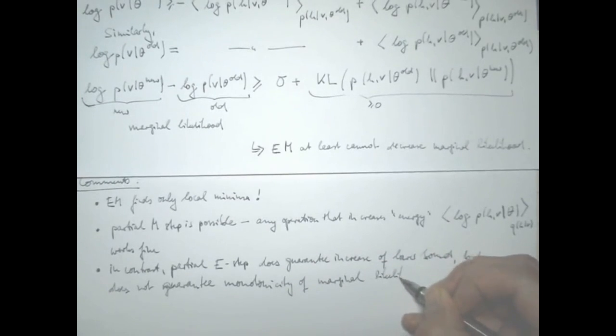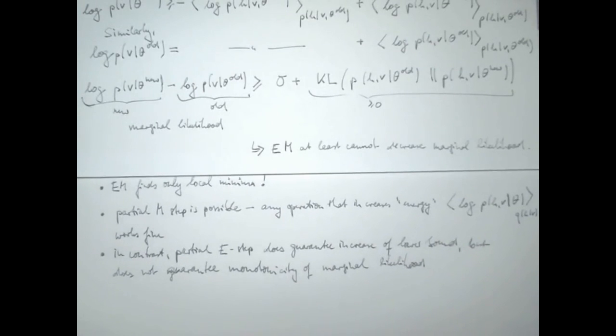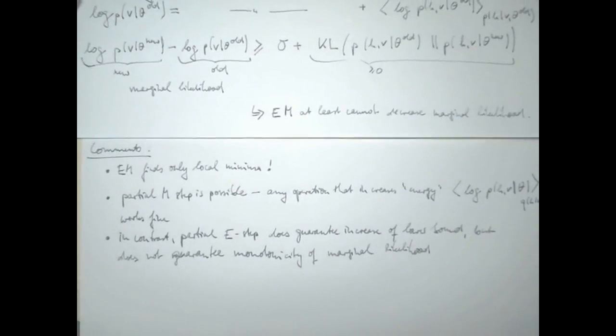So if we use the partial E step, this would no longer make sure that our marginal likelihood cannot decrease.